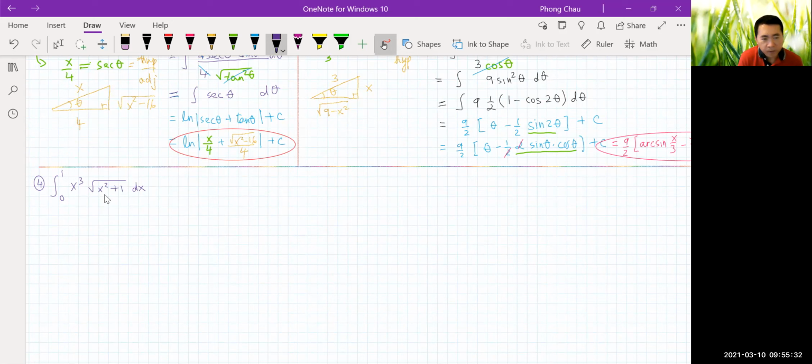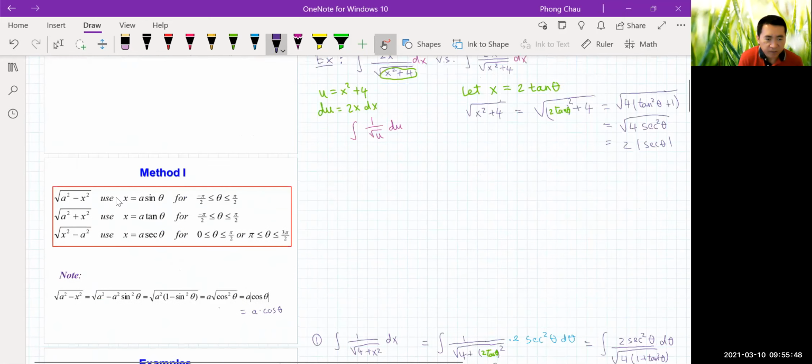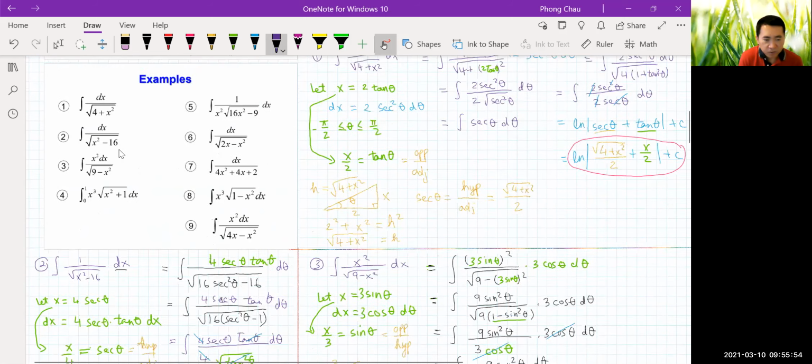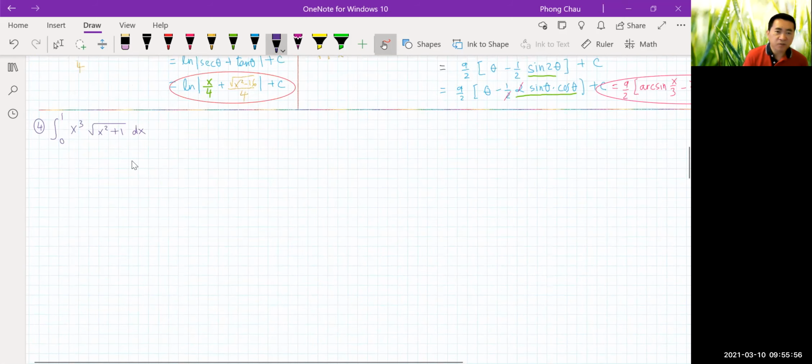0 to 1. So you look at this, the one you have, square root of x squared plus 1. Okay, x squared plus 1. And so what's the form? This is a sum of squares. Right, for the sum of squares, this will be that one, right? x squared plus 1, or 1 plus x squared. So a is 1. So this one actually is a bit easy.